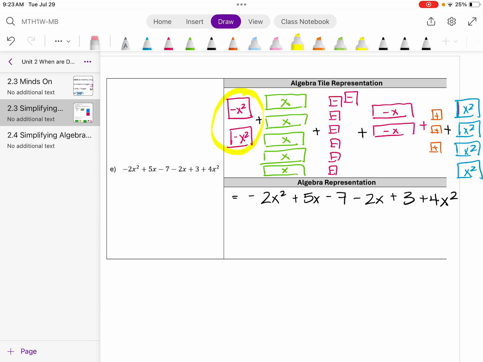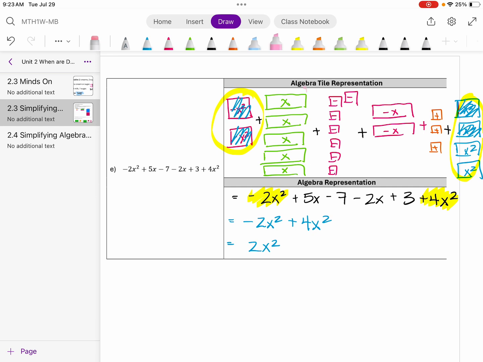So here I've got negative 2x squared and positive 4x squared. So I'm going to write negative 2x squared plus 4x squared next to each other. And if I cancel out my 0 terms, negative 2 plus 4 gives me 2x squared.